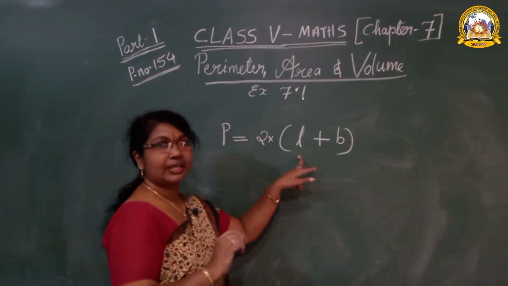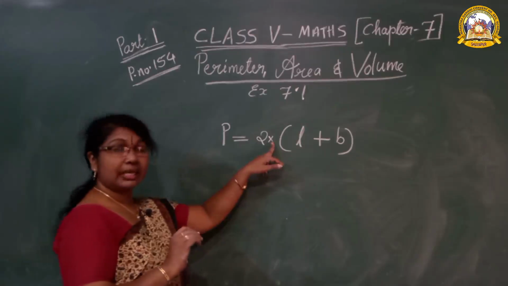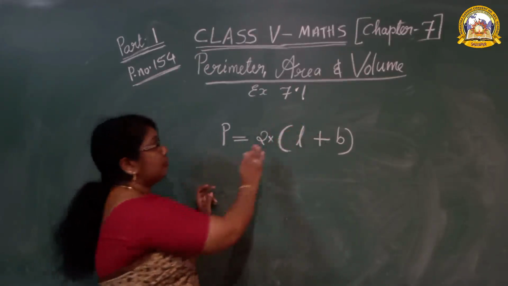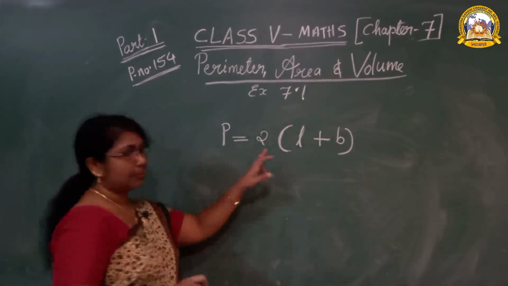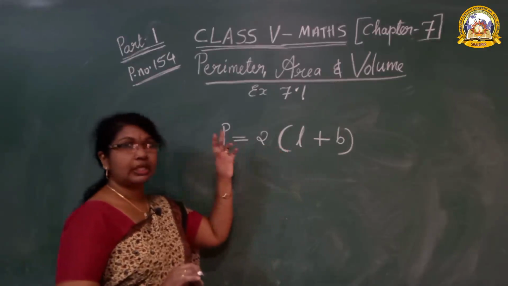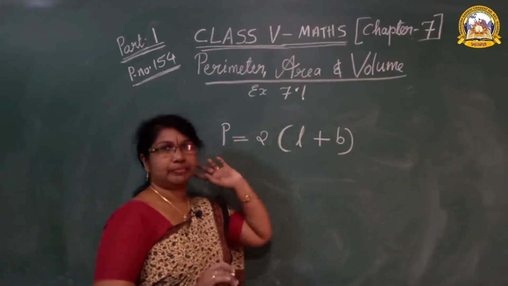L means length, B means breadth. Now this is the multiplication sign. So what is it? It is a bracket. Before the bracket, it is not compulsory to write the multiplication sign. So you have to read it as 2 multiplied by (length plus breadth).